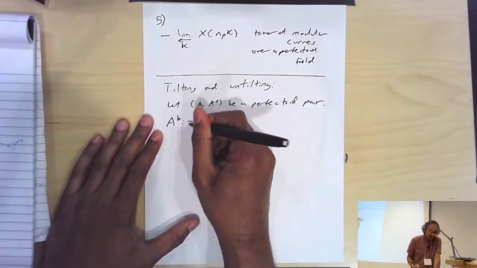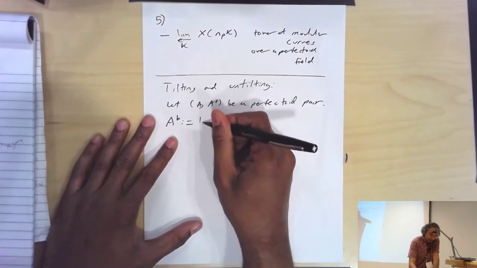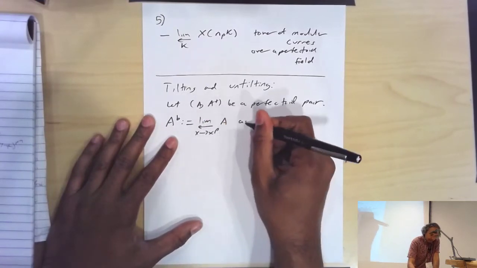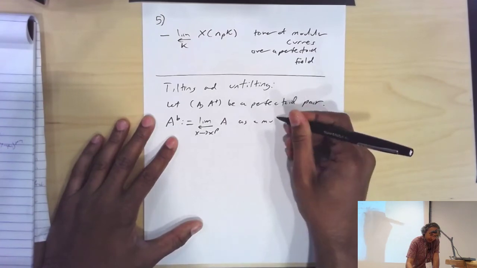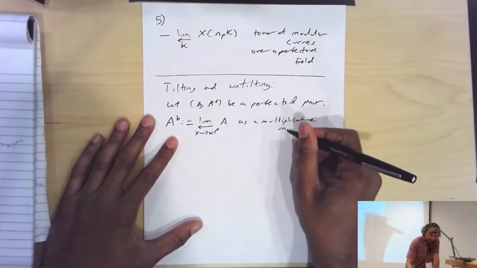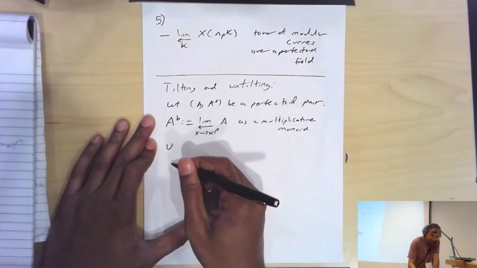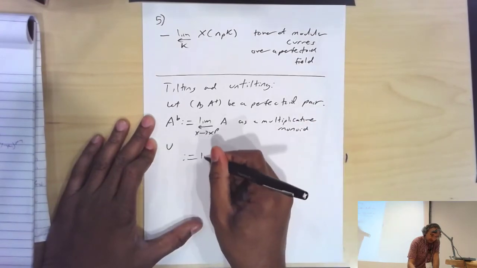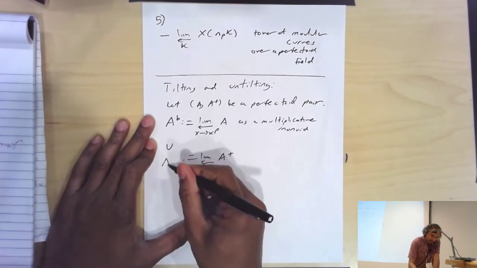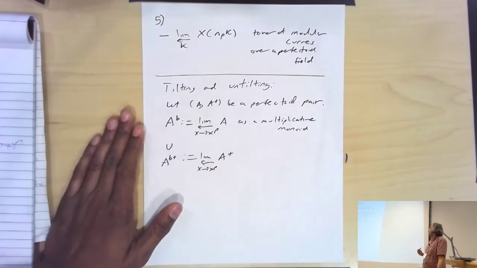So I can define A flat to be the inverse limit of A under the p power map as a multiplicative monoid. And inside that, I can take the corresponding inverse limit of A plus. I'll call that A flat plus, somewhat suggestively.